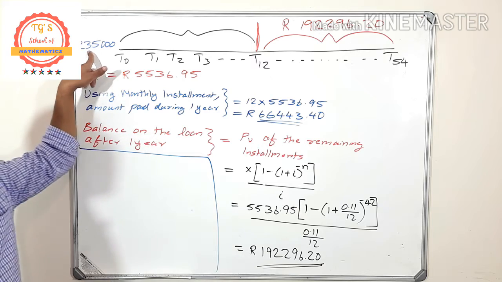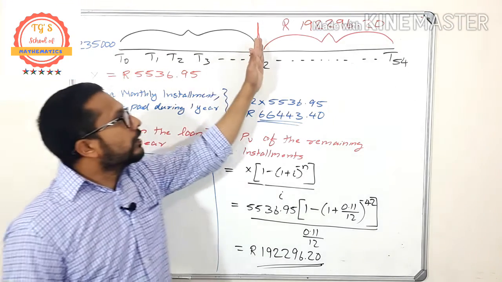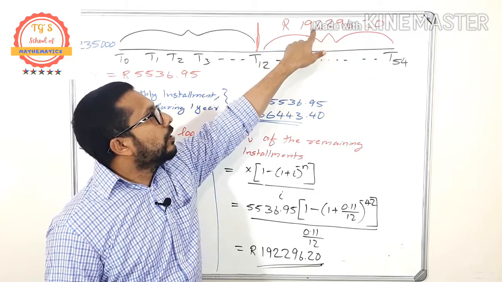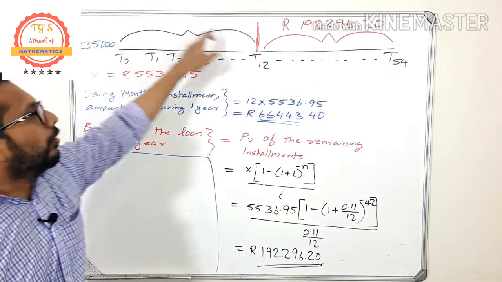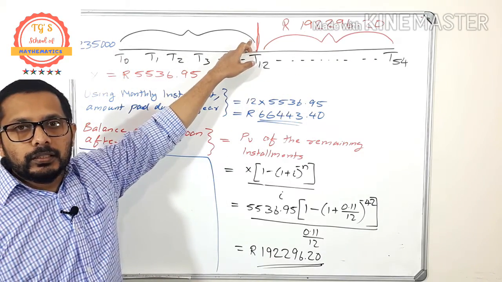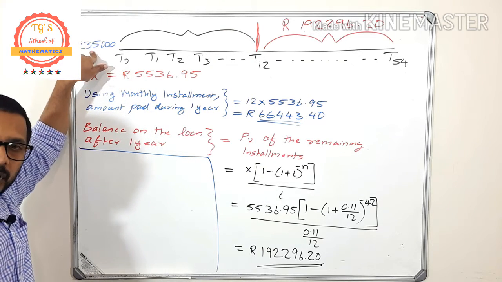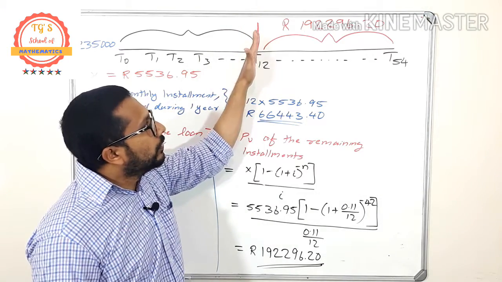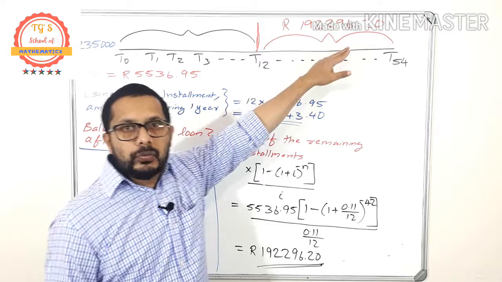How much did he borrow? 235,000. After 1 year, the outstanding balance is 192,000. So what about the first year? How much is he supposed to pay? Once more, the amount borrowed is 235,000. After 1 year, what is the outstanding balance? 192,000.